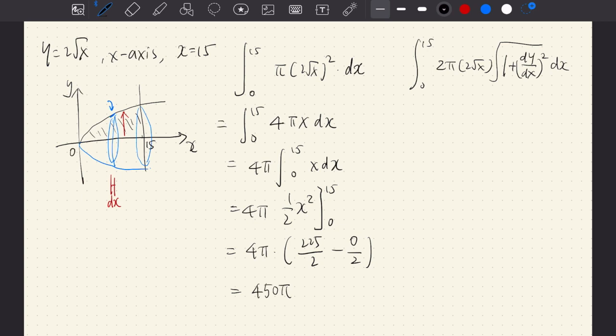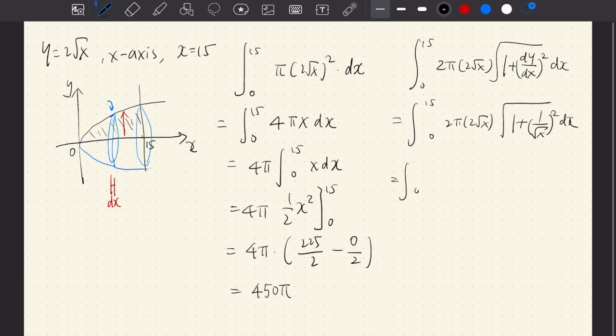Because y is 2 square root of x, dy/dx should just be 1 over square root of x, taking the reciprocal.